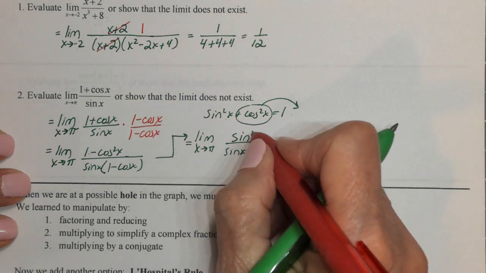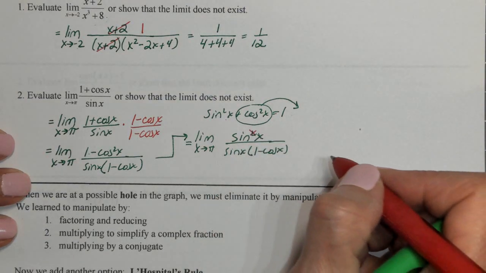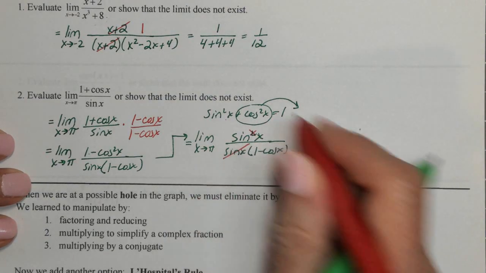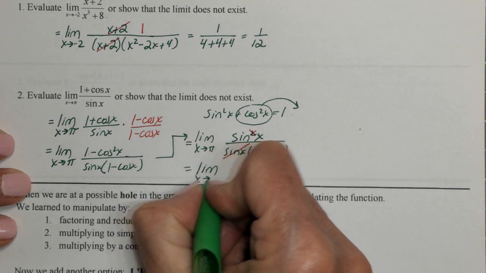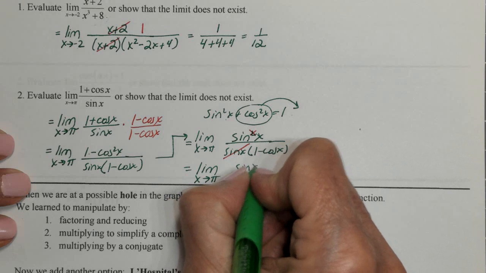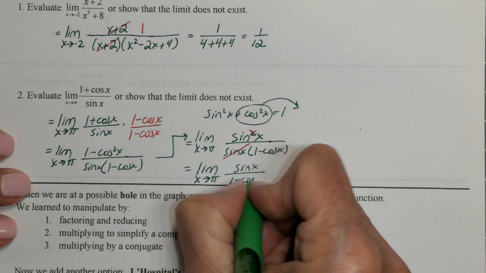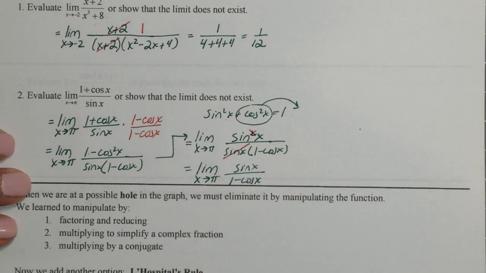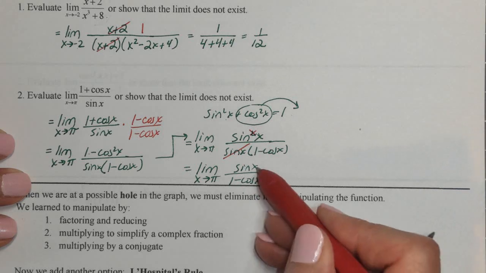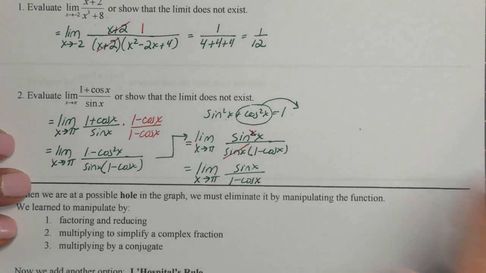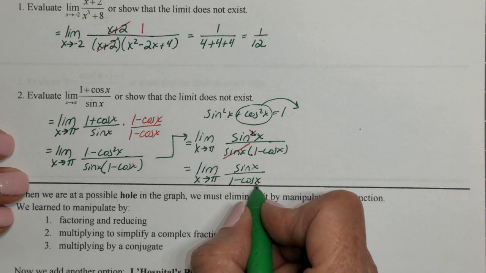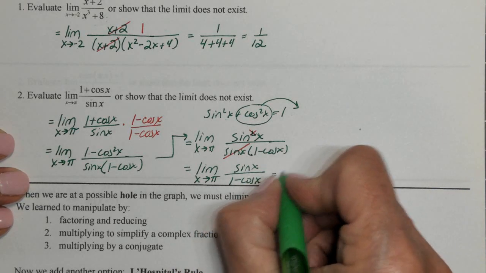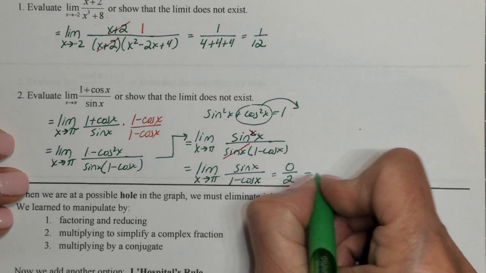Now, one of those sines in the sine squared will cancel with this sine x on the bottom, and we will be left with sine x over 1 minus cosine x. Now we can put pi into the remaining x's, and sine of pi is 0, cosine of pi is -1, so that gives us 0 over 2, which is 0.